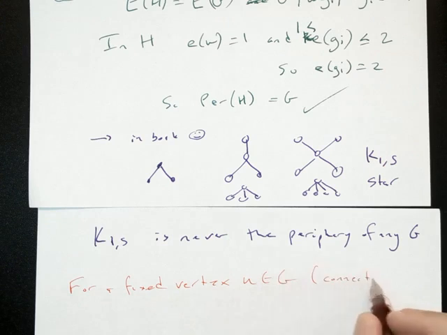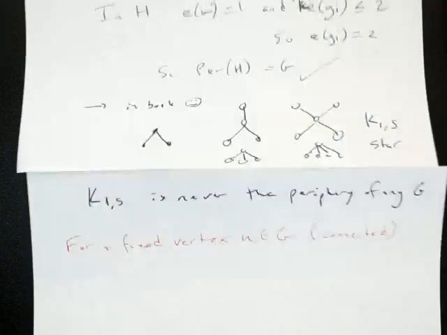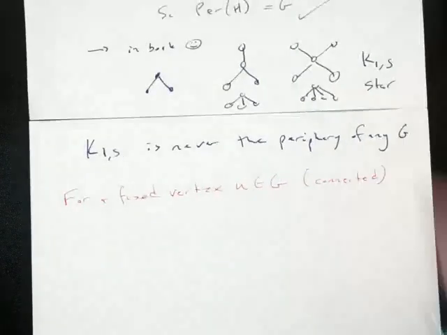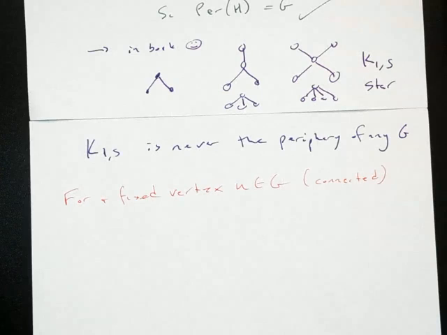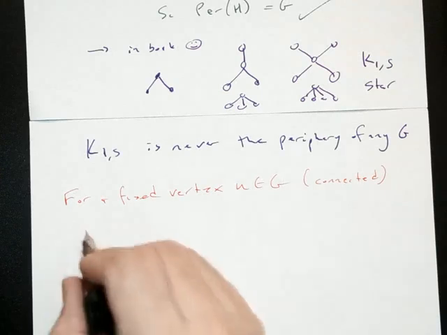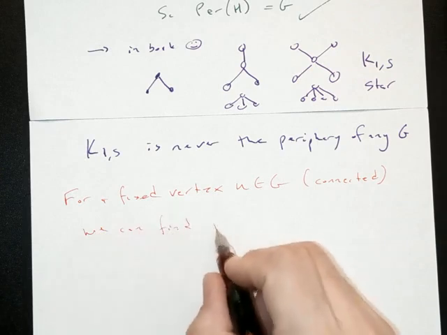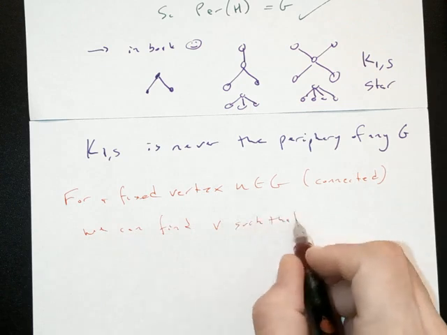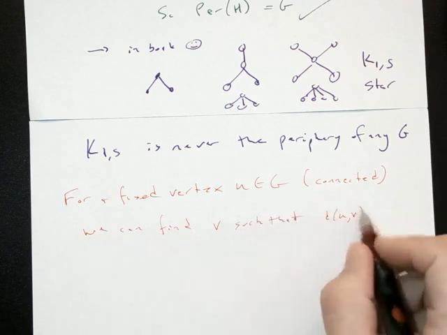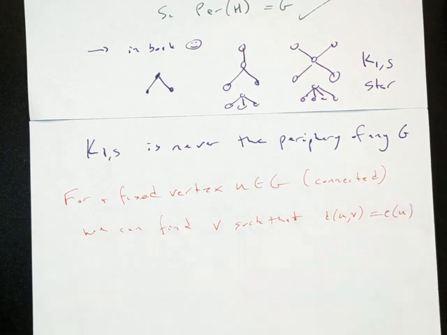So let's start with a connected graph, G. Nail down one of the vertices, call it U, and find me the vertices that are furthest away. Well, let's just find one to start with. Find V so that that's the one furthest away from you. Again, we said that didn't have to be unique, but it could be.